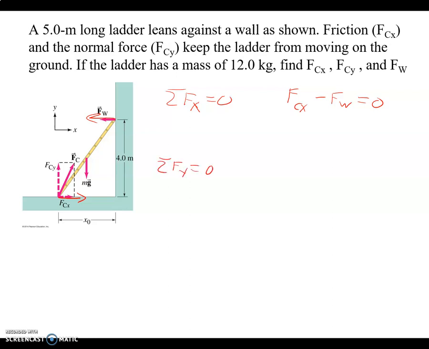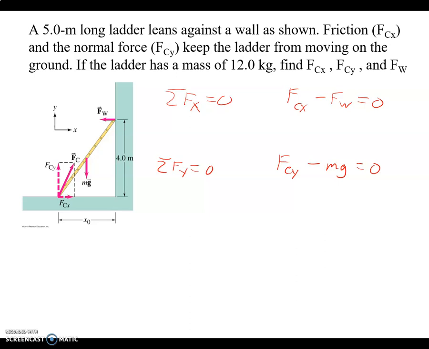Sum of forces in y, and that has to equal 0. What forces do I have in y? I have the normal force, Fcy, and I have the weight of the ladder, mg. Well, fortunately for me here, I know the mass of the ladder, so I know the weight.